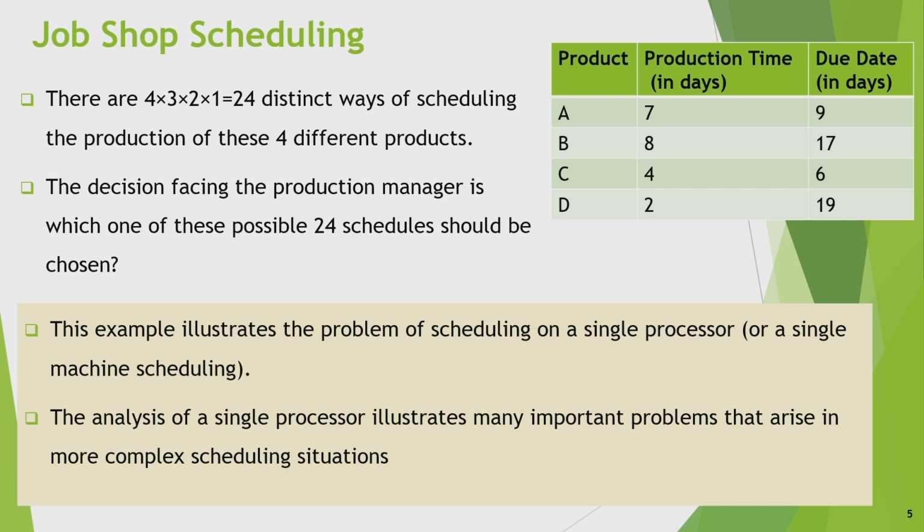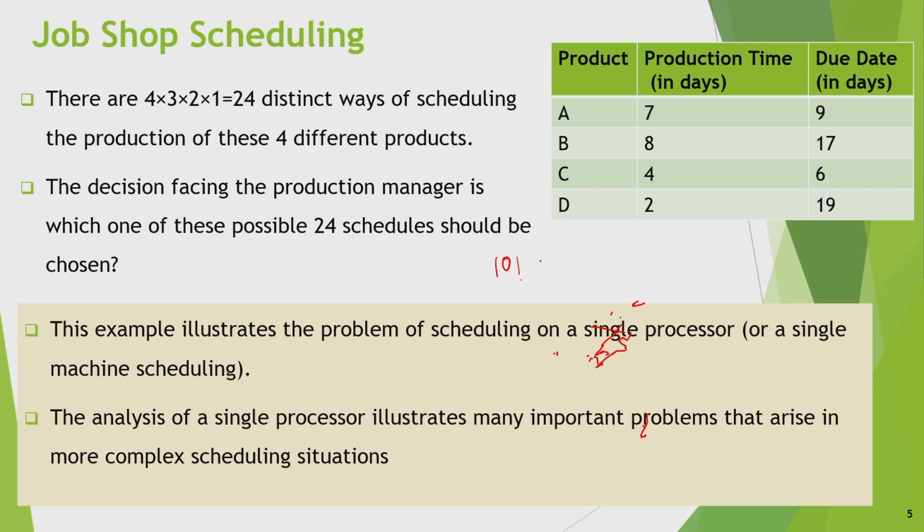Now, here we have only 4 jobs. So you see that there are factorial 4, that means 24 ways. Now, supposing you have 10 jobs to schedule, then it will be factorial 10 ways.